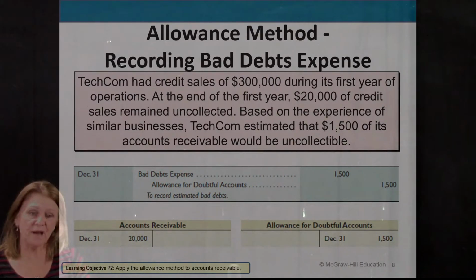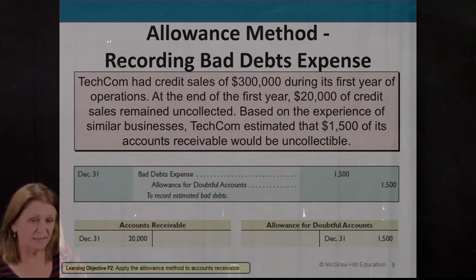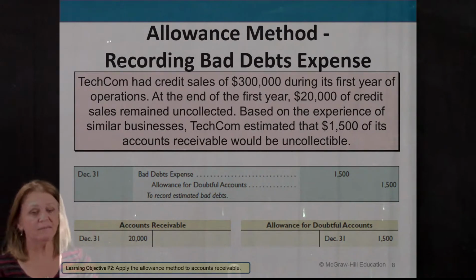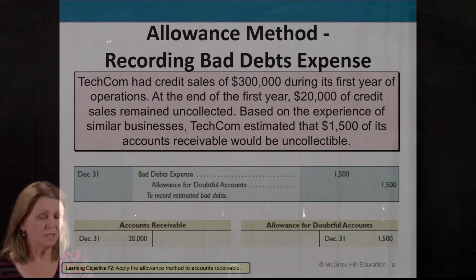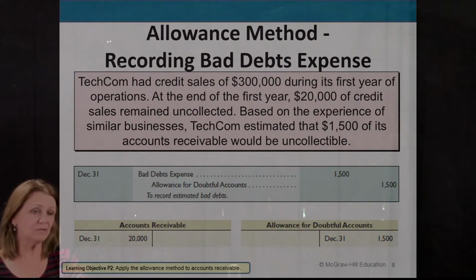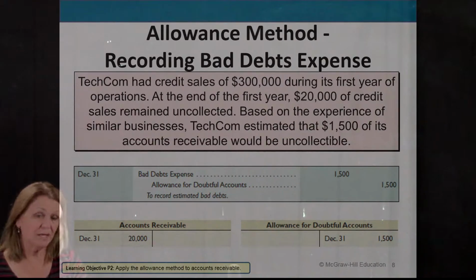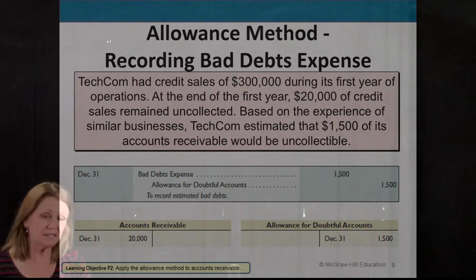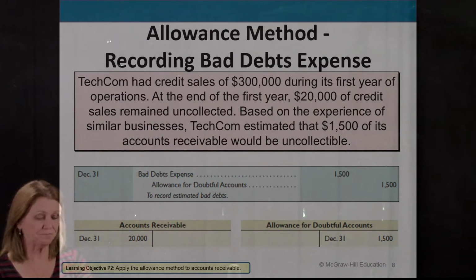Well, you know the book value of our equipment then. Well, in bad debt expense, we have accounts receivable and allowance for doubtful accounts. Accounts receivable is a current asset, and allowance for doubtful accounts is your contra account. So it takes away from accounts receivable.